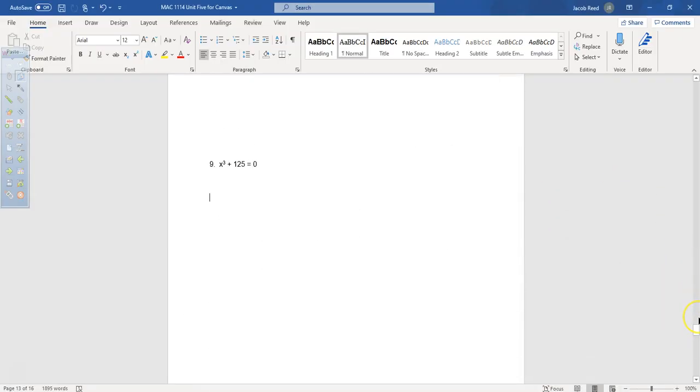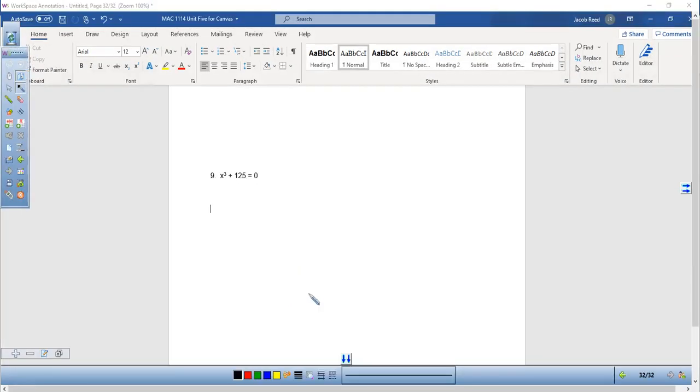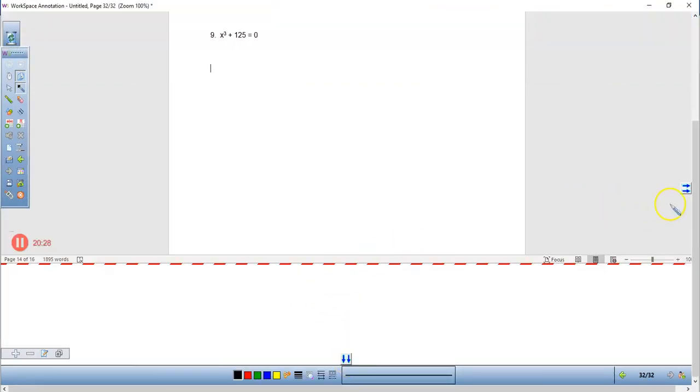And last problem, number 9. Make sure we have plenty of workspace. Same thing, we have x cubed is equal to negative 125. We move the 125 over, and we're talking about finding a cube root this time. So this expression tells me x is equal to negative 125.